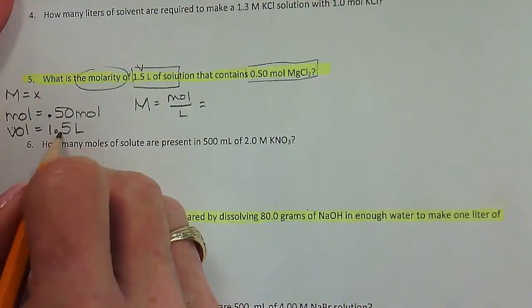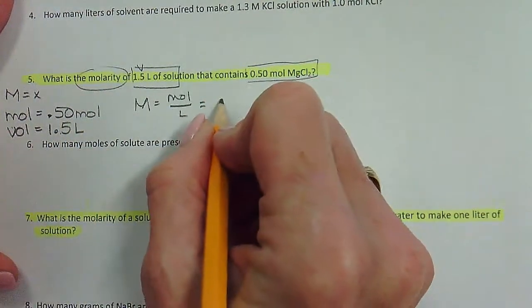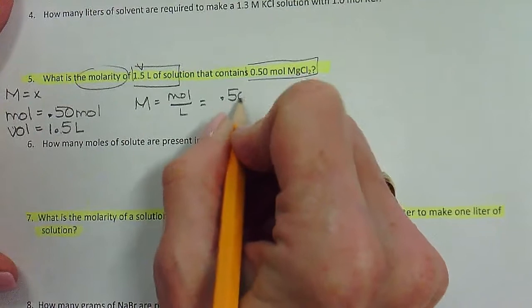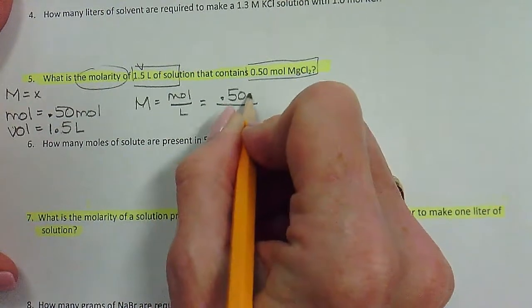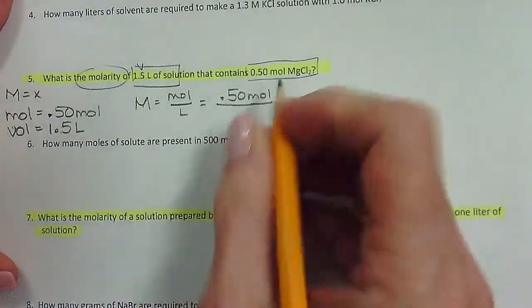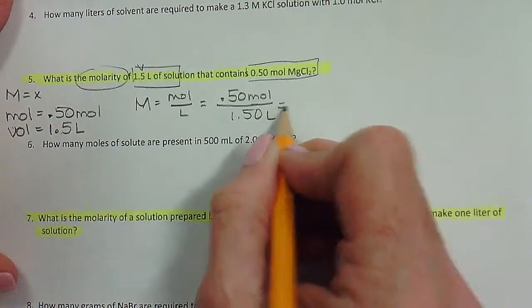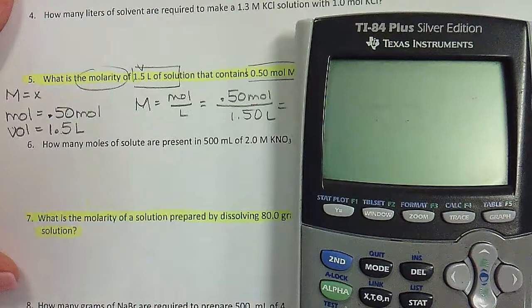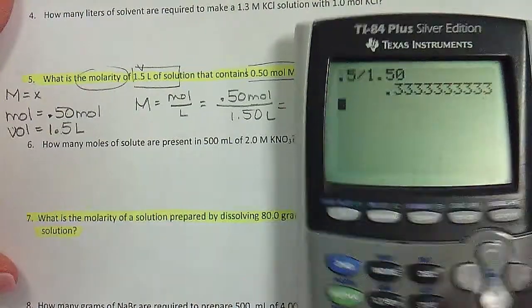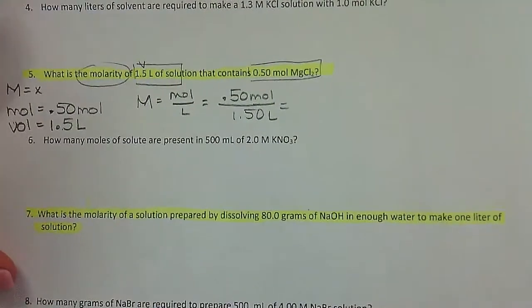Plug my variables into the formula: 0.50 moles and 1.50 liters. So 0.5 divided by 1.50 gives me 0.33.